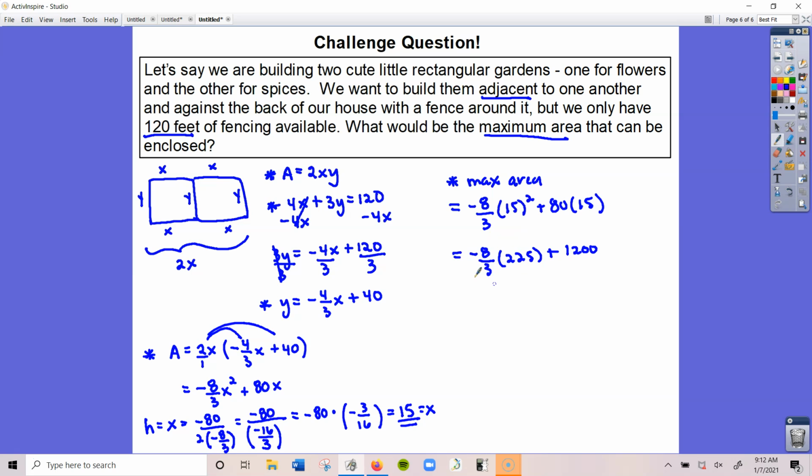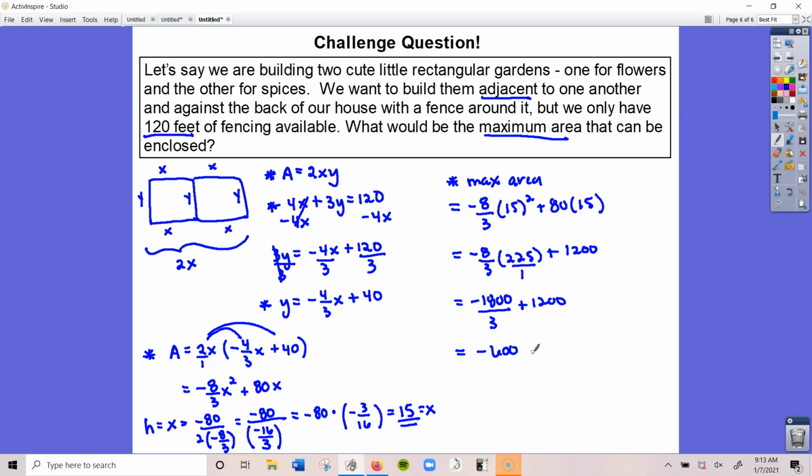Now when you're multiplying this out, this fraction, remember it's numerator times numerator, denominator times denominator. Negative 8 times 225 is negative 1800 over 3 times 1, which is 3. And you can actually divide negative 1800 by 3, which is negative 600.